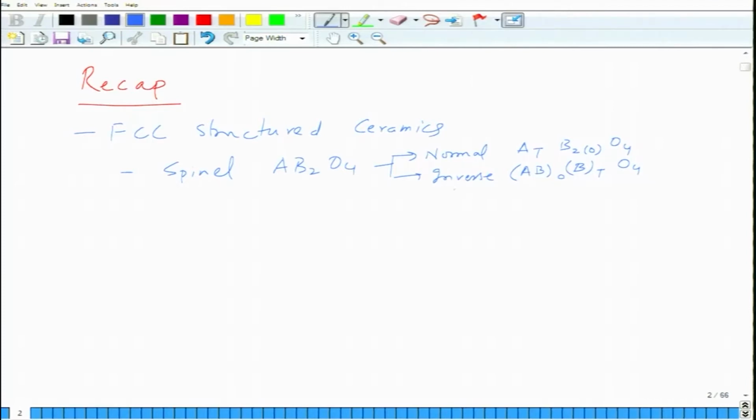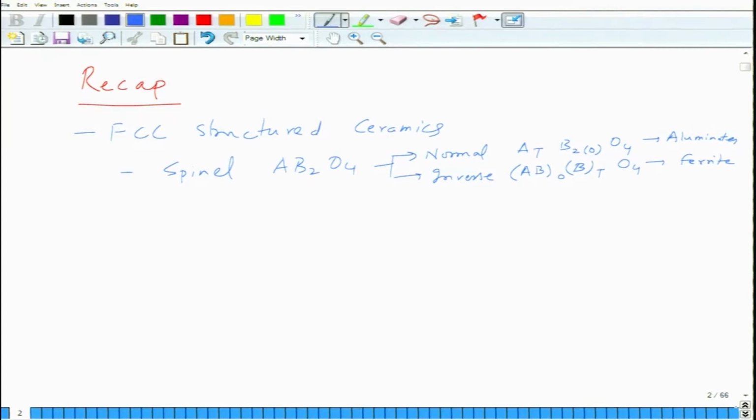Why is the spinel structure important? Because many aluminates and many ferrites make this structure. Typically, aluminates will make the normal spinel structure, and ferrites will make the inverse spinel structure. This is the difference between the two.